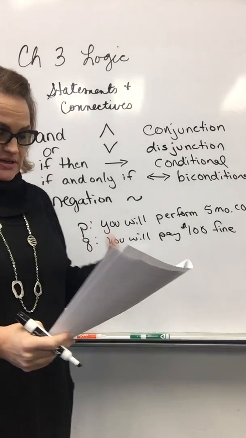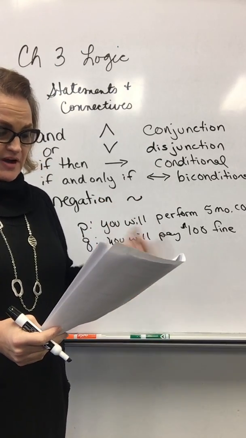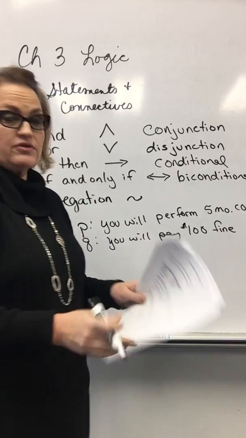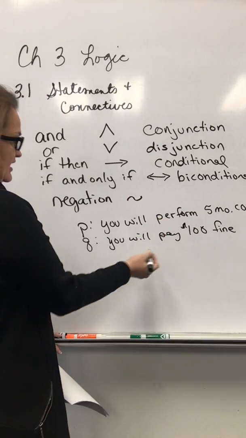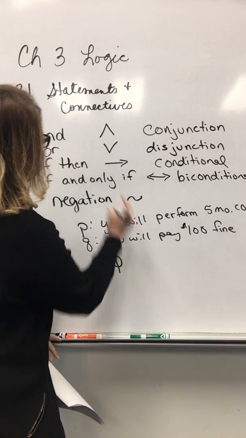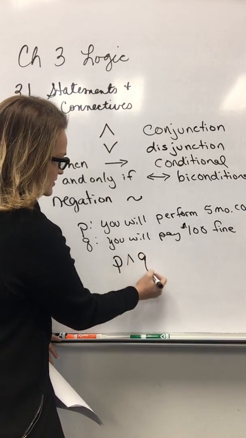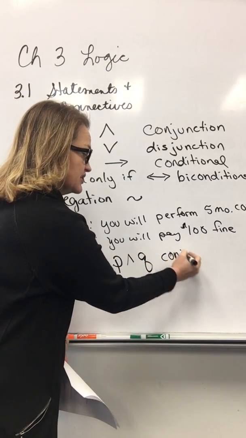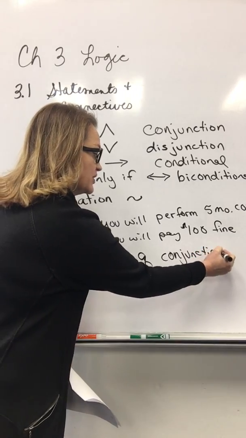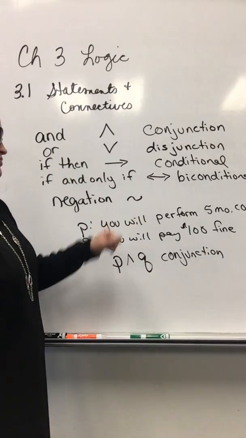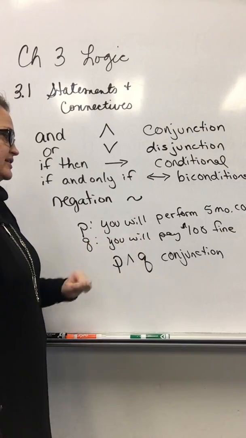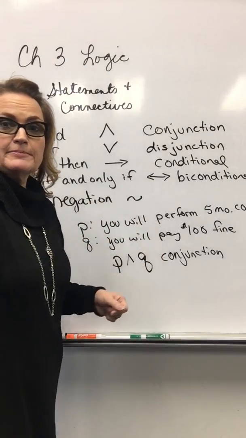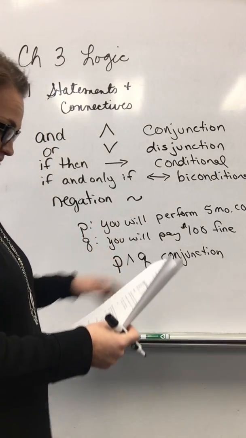So if I wrote the compound statement, you will perform 5 months community service and you will pay a $100 fine, we would consider the and, and we'd write that as P and Q, and we would say that's a conjunction. Again, in the reading you see it use the word and. It means you're going to do both of those, and means both of those should happen. All right, so a conjunction.